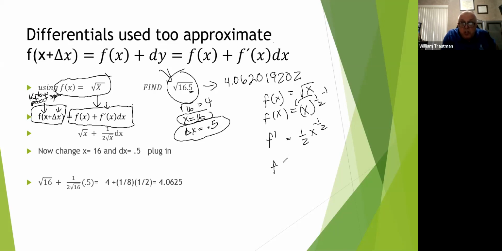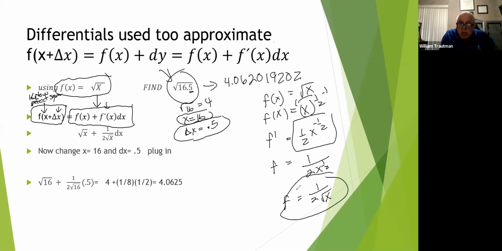So our derivative, you can make it look like this, or you can bring the x down to the bottom, or you can write it like this. There's the derivative, and that's how we wrote it in. Here's our function, square root of x. Our derivative is 1/2 with the square root of x on the bottom, just like we wrote.